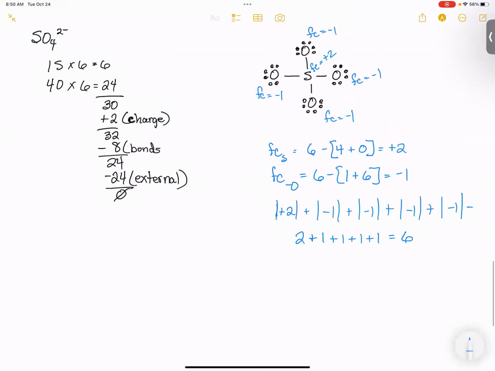So we're going to be sharing a pair of electrons between the outer atom and the central atom.